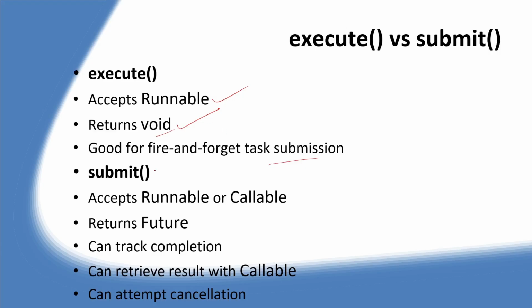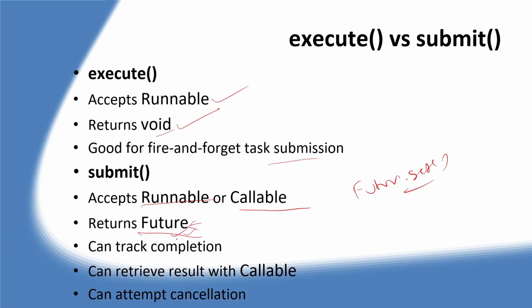And submit supports both Runnable or Callable. So these are tasks. It will return a Future. Future means whatever object or value we get as a return after completion of the task will be stored as part of the Future. So we can get those values by calling future.get. We'll see that later, but remember for now that we can get the value with the help of the Future.